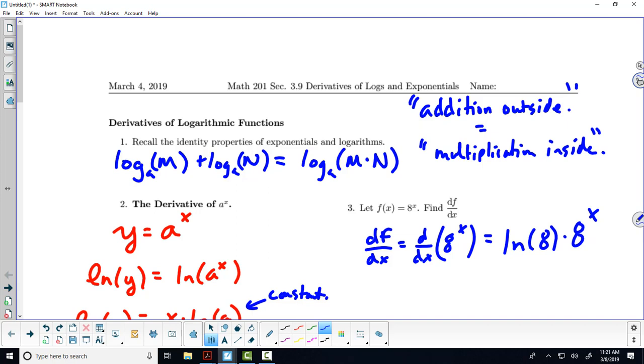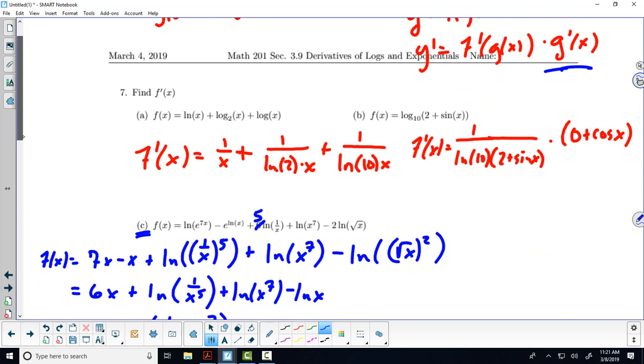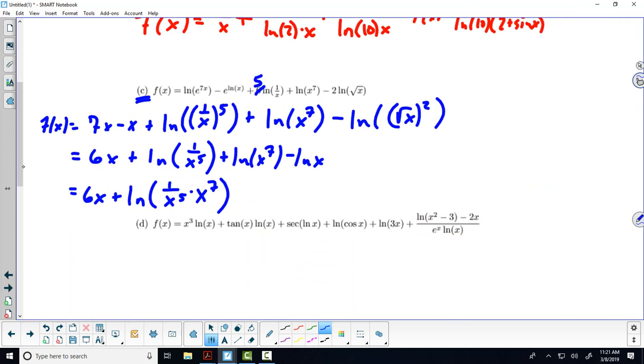So remember that inside and outside part to it as well. Okay? So now we've reviewed that property. Let's look back here. What did I have? I've got addition outside two logarithms, so I can write that as multiplication inside those two logarithms.